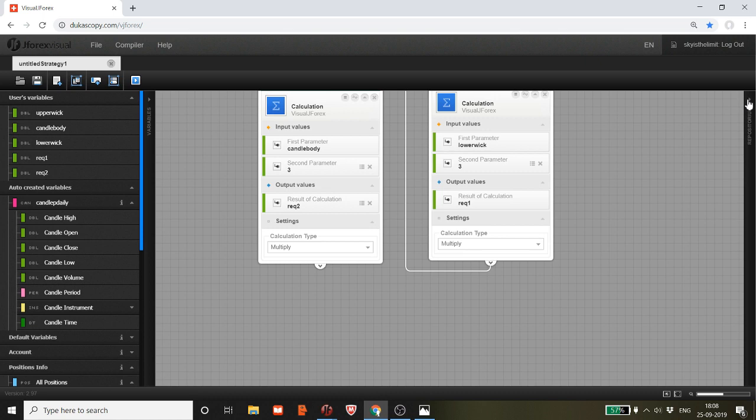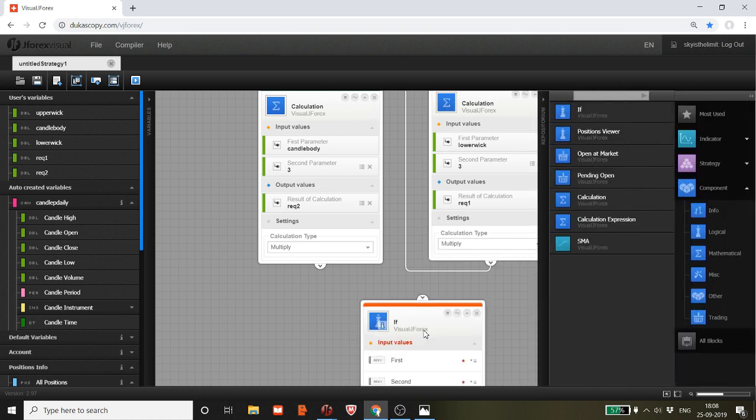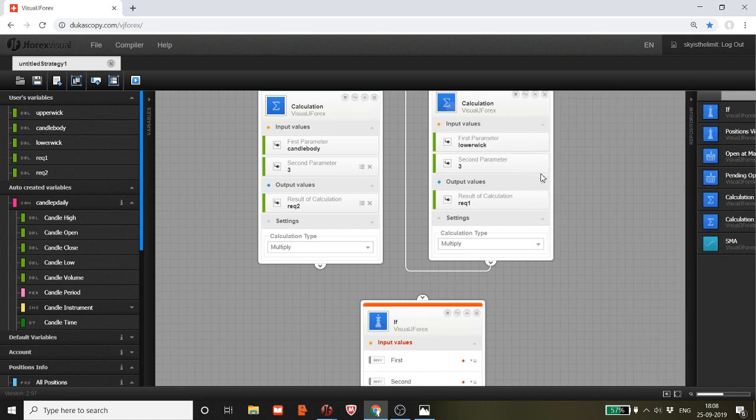Now logic. So as per the logic, upper wick should be greater than thrice of the lower wick, and upper wick is also greater than thrice of the candle's body.